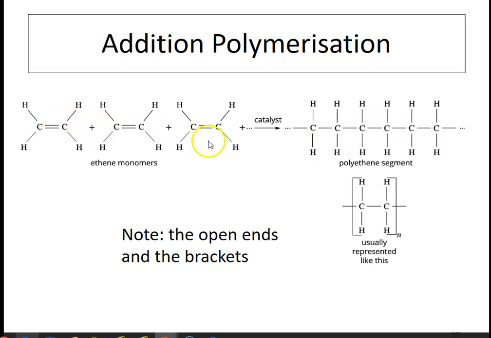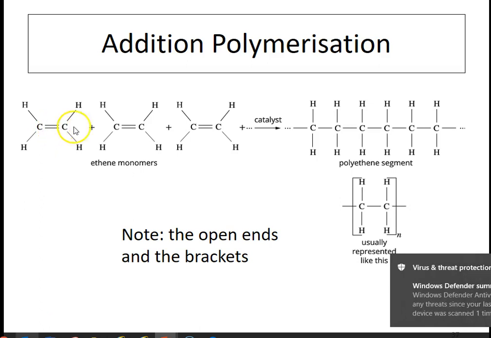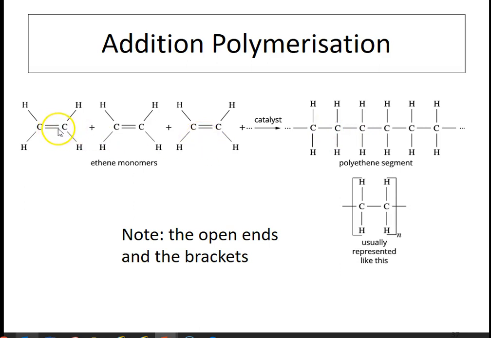So if you have a whole lot of people and both hands are being held by somebody else, they can still hold hands, but they can let go and make another bond. So the electron, instead of being shared with this carbon, this electron now here is being shared with this carbon to make a bond.